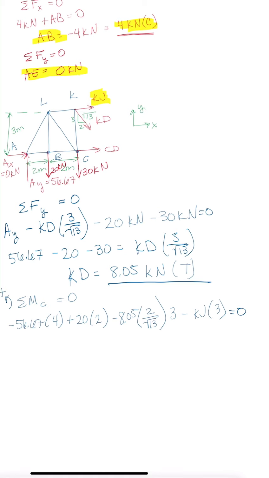And I get K J equals 66.7 kilonewtons. I'm not sure if I did, I think it's negative.